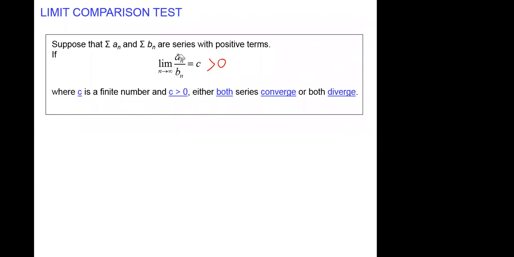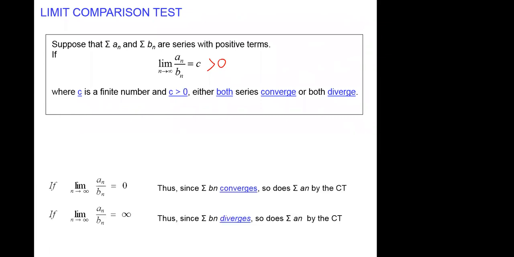If this is convergent, then both of them converge. If this is divergent, both of them diverge. That's the limit comparison test. If the direct comparison doesn't work, please consider using a limit comparison test.